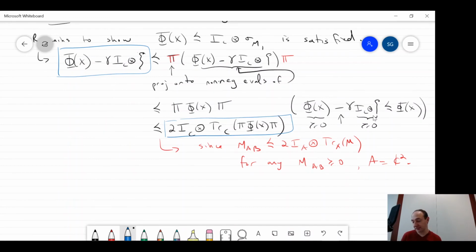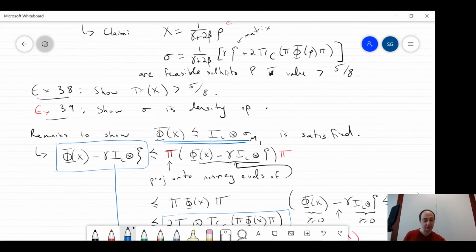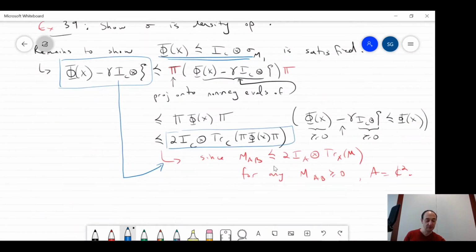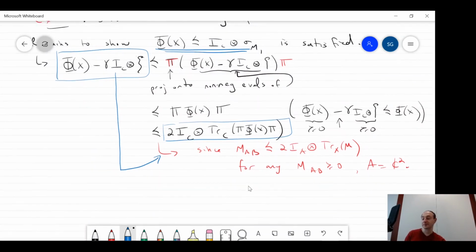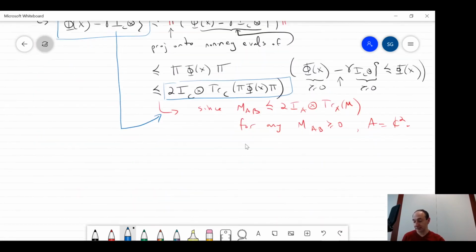What I wanted was for phi of x to satisfy this one up here. So if I move this part over to the right-hand side and rearrange, you'll see that I get exactly what I want, because I get phi of x on the left and identity tensor sigma 1, where sigma 1, remember, was defined as this mixture of zeta and this funny projection of phi of x. And that's exactly what you see here. Here's your zeta part, and here's your projected term involving phi of x. Okay, so that's it for the proof of completeness. That's slightly easier.